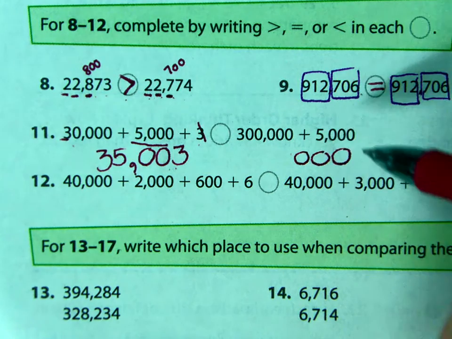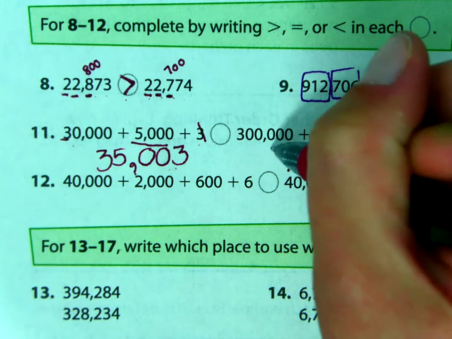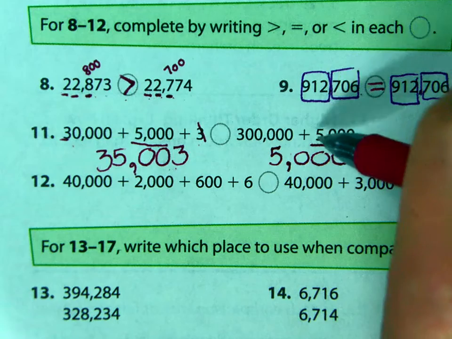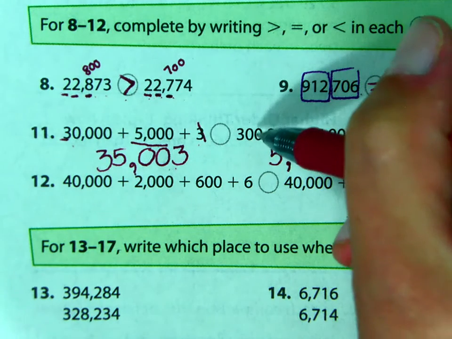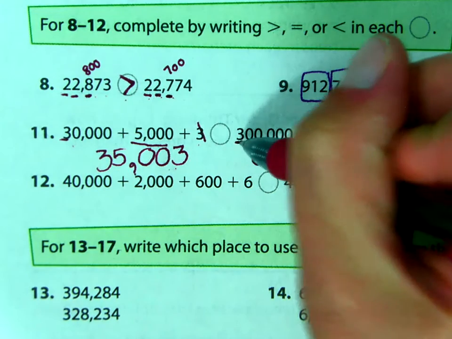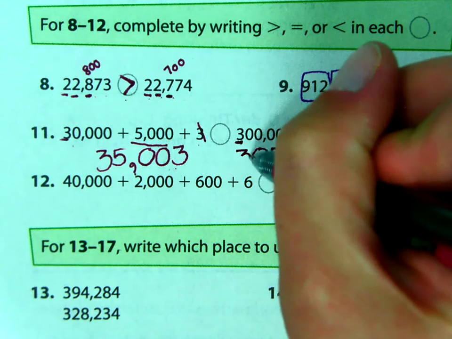The first place value, the smallest one that I have, is a 5 in the thousands place for the value of 5,000. And then I do not have a number in the 10,000s, so that's going to stay a 0. And then I look here, I do have the 100,000s represented, and that's going to be the digit 3.